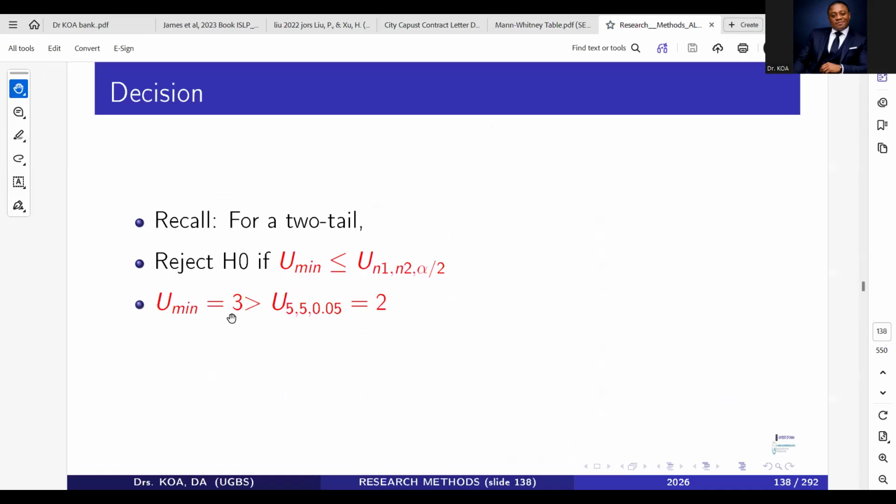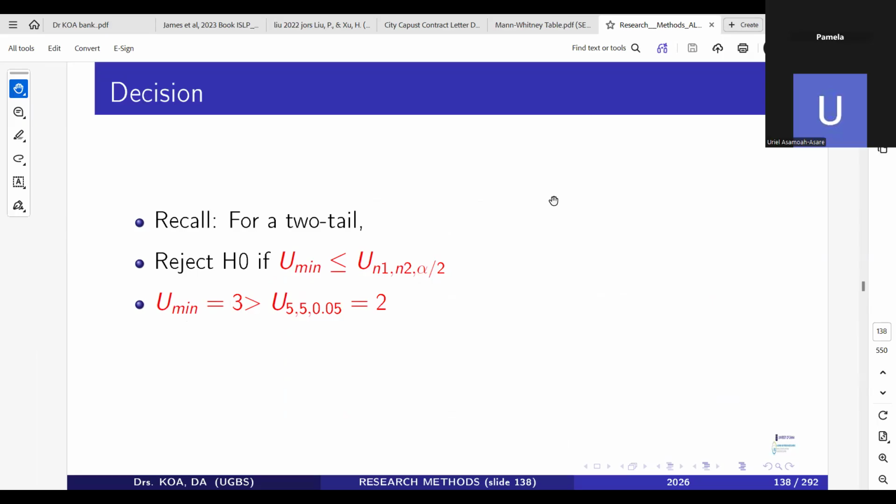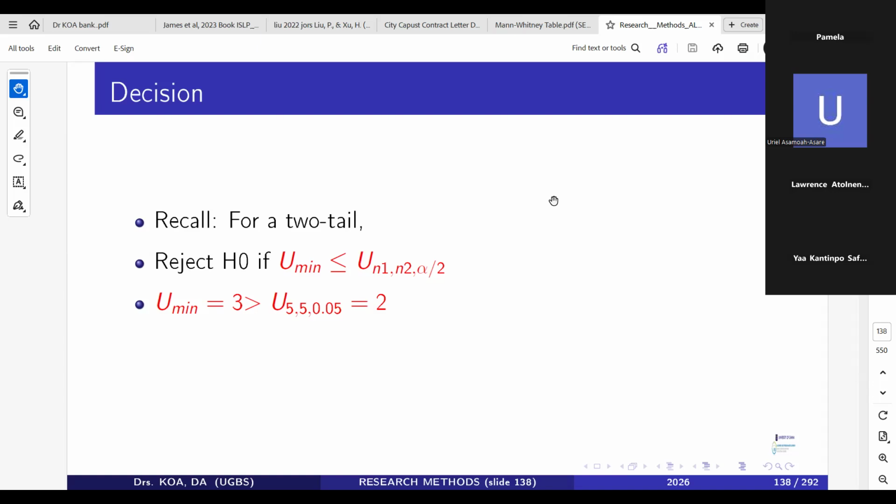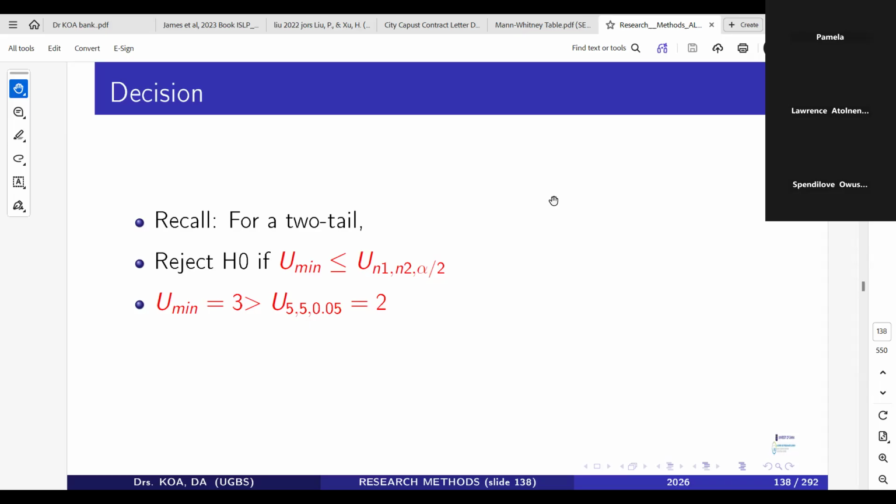So you now make a conclusion, and here is a rule. Yes, Pamela. Okay, so Prof, I wanted to ask why we chose the 5% and not the 1%. Can somebody tell her why we chose a 5% and not a 1%? Yes. Is it Laurentia? You explain: when the alpha value is not given, you use the 5%, that's 0.05.